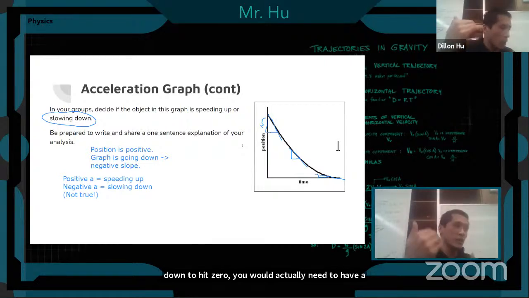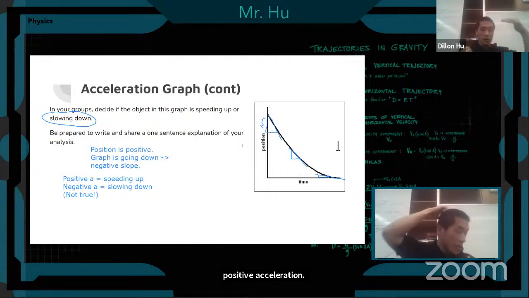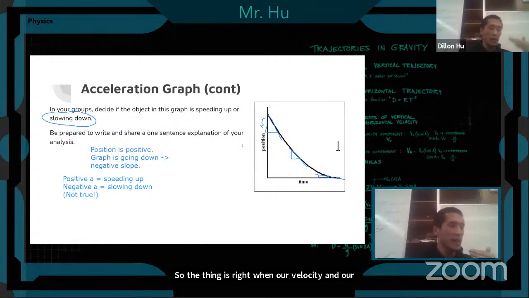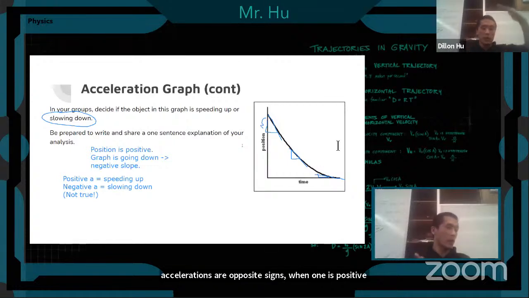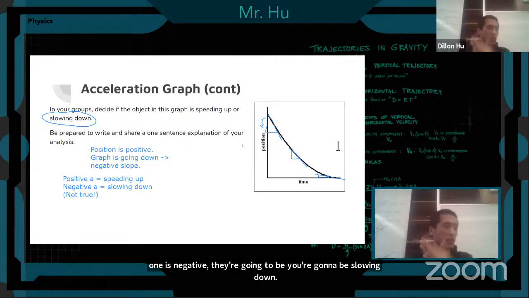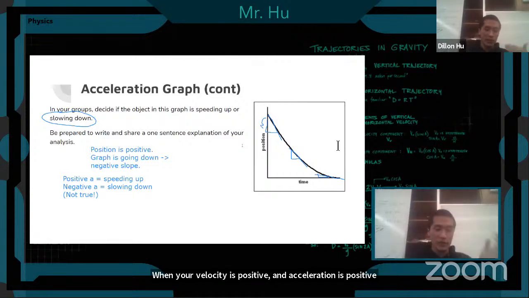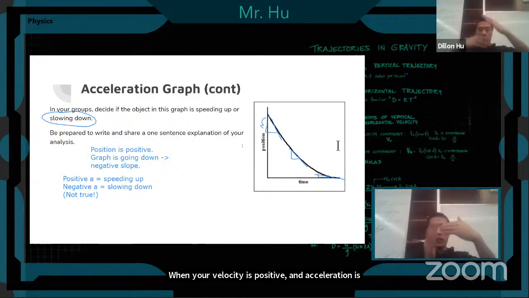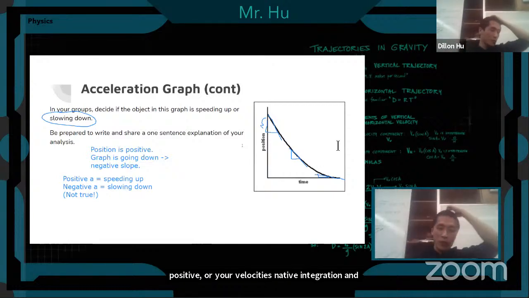So if we want our negative velocity to slow down to hit 0, we would actually need to have a positive acceleration. When our velocity and our acceleration are opposite signs, when one is positive and one is negative, you're going to be slowing down, because you're counteracting one with the other to bring it closer to 0. When your velocity is positive and your acceleration is positive, or your velocity is negative and your acceleration is negative, they're pushing each other farther away from 0.